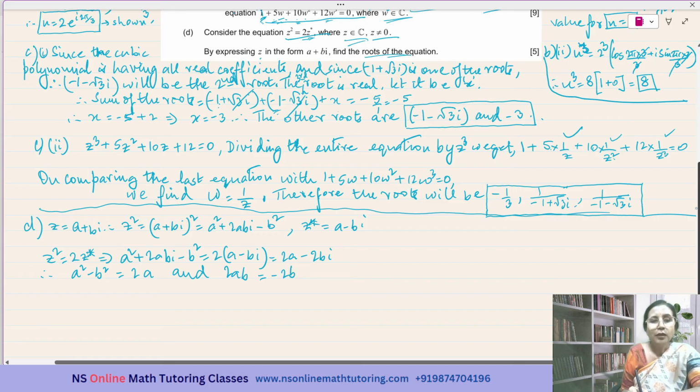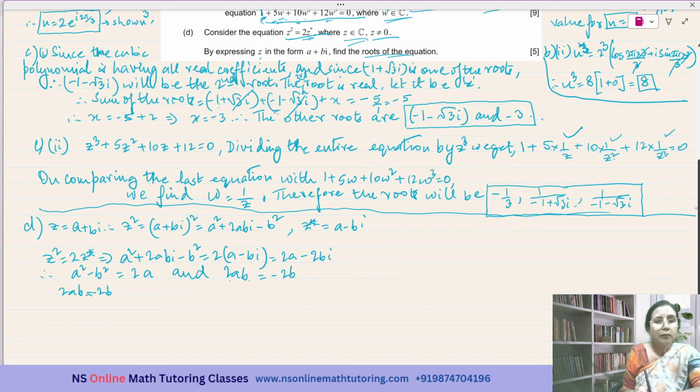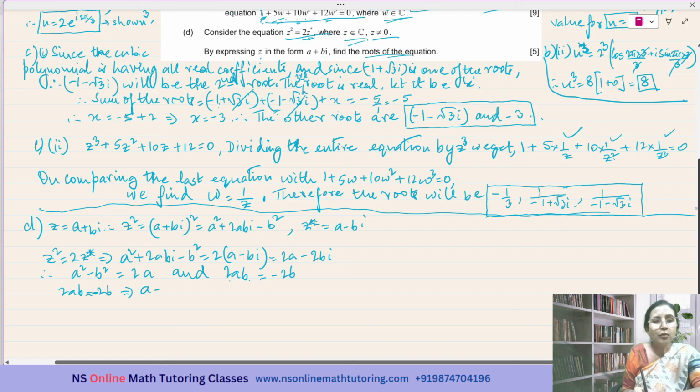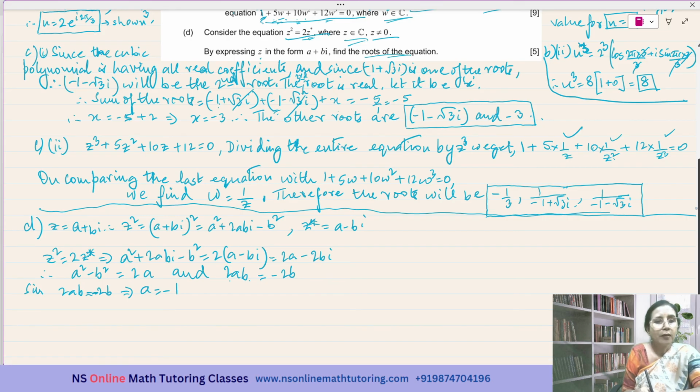So I am taking that one: 2ab is equal to negative 2b. I am dividing the entire equation by 2b. So this gives us a is equal to negative 1.